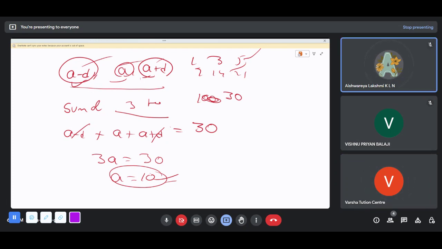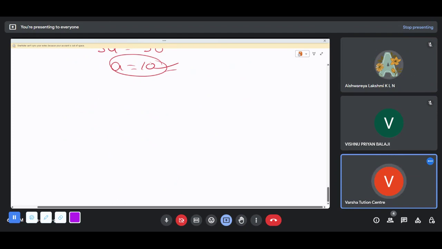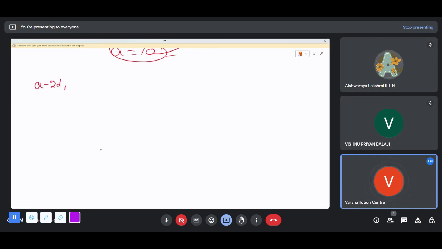No, sir. Sir, then for five terms, what might be the order? For five terms, we say A minus 2D, A minus D, A, A plus D, A plus 2D. These are the five terms, check whether they are in AP or not. How to check? We have to subtract the consecutive terms.